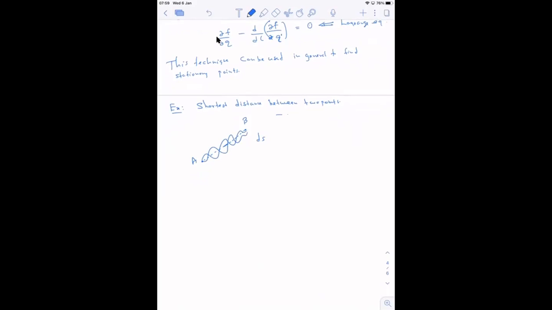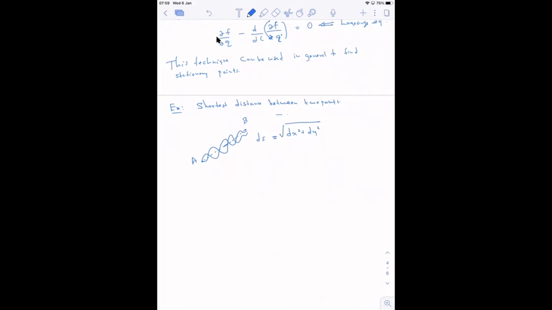Now, for any movement, if you take a small distance in terms of Cartesian coordinates, you can write it in this way: ds squared equals dx squared plus dy squared. Now to find the shortest distance, you need to get the integral, right?